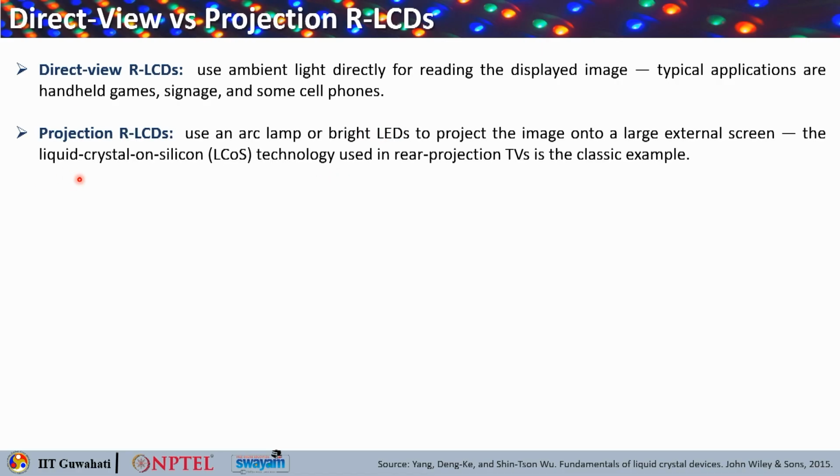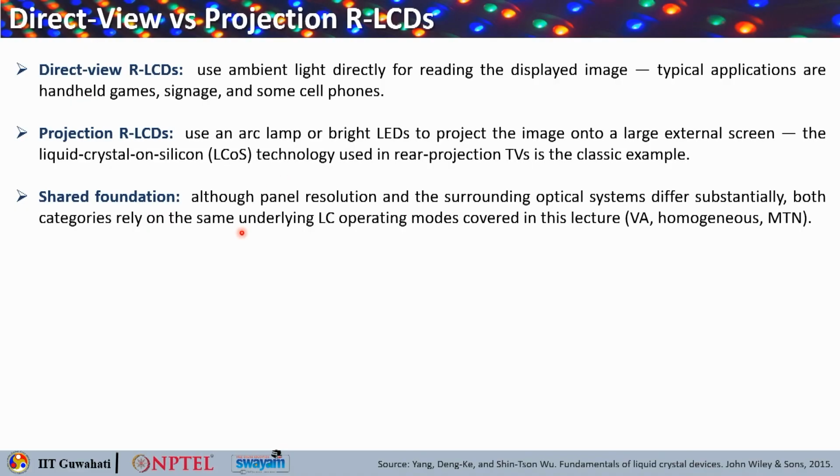On the other hand, if you see the projection RLCDs, they basically use arc lamps or bright LEDs to project the image onto a large external screen, and there the liquid crystal on silicon or LCOS technology used in the rear projection TVs becomes a classic example of this kind of projection RLCDs.